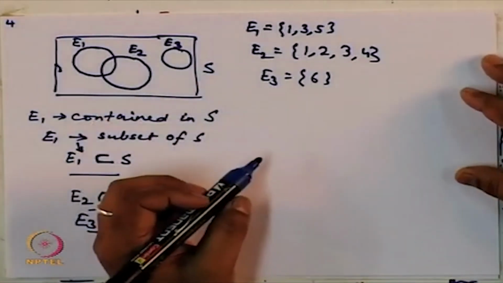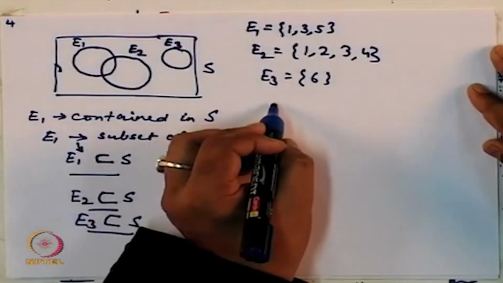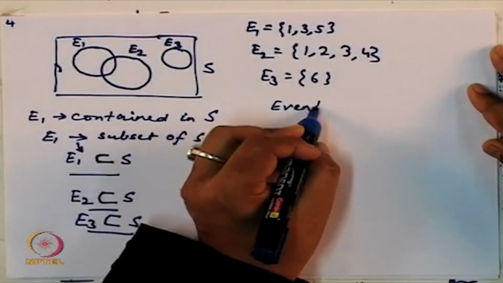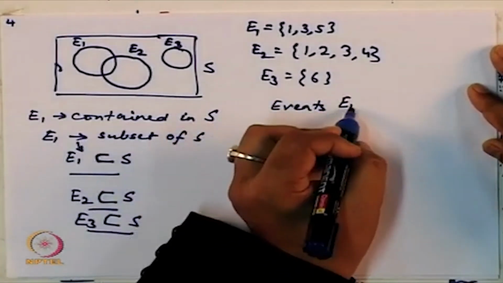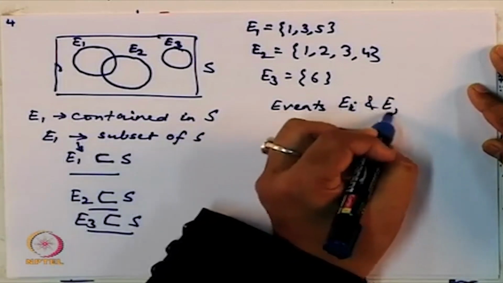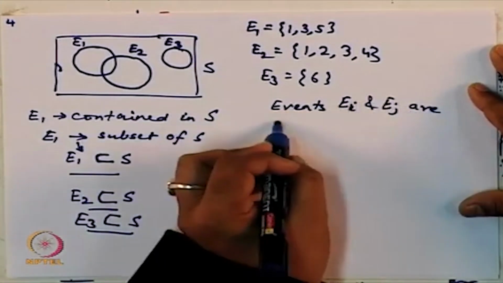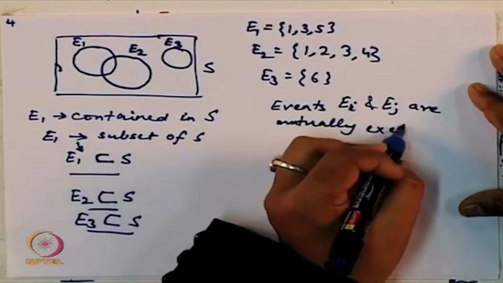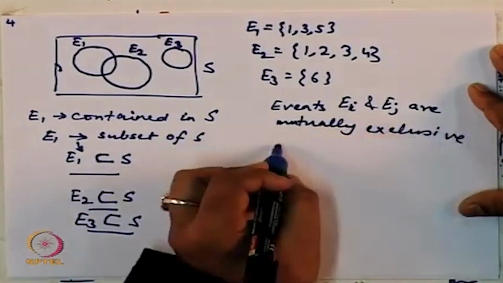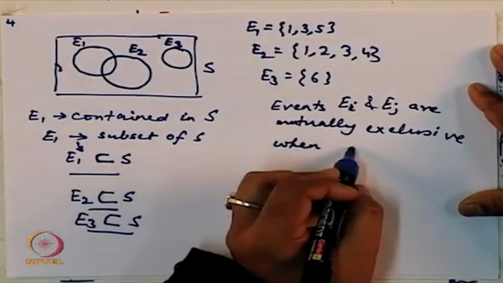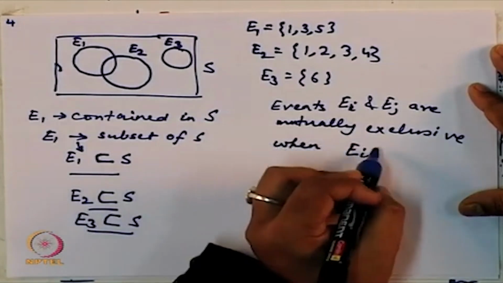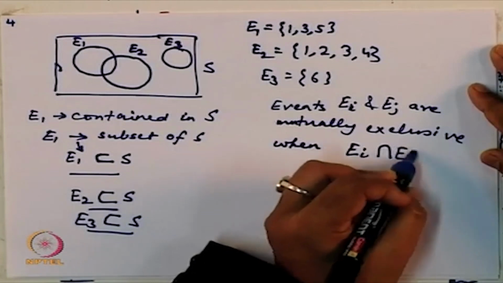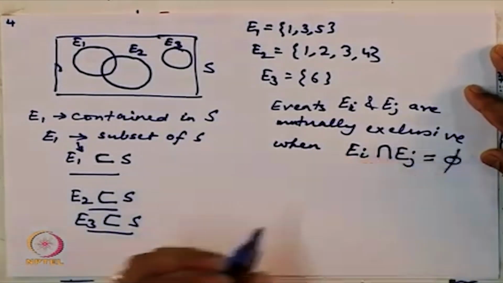So, this is a case when I can say that events Ei and Ej are mutually exclusive, when Ei intersection Ej is equal to phi.